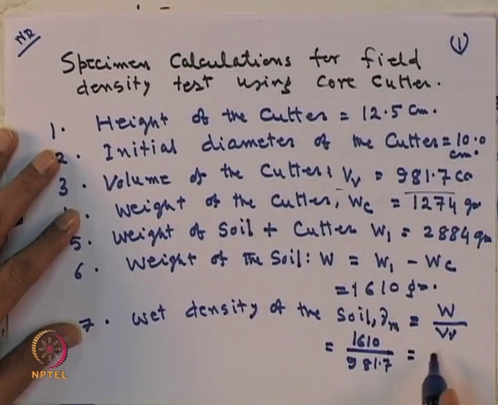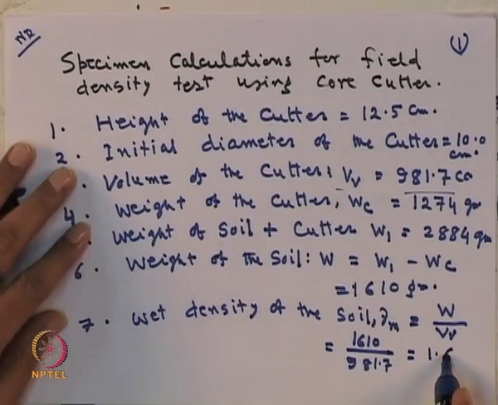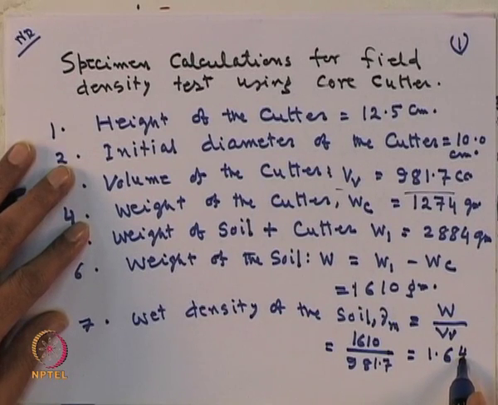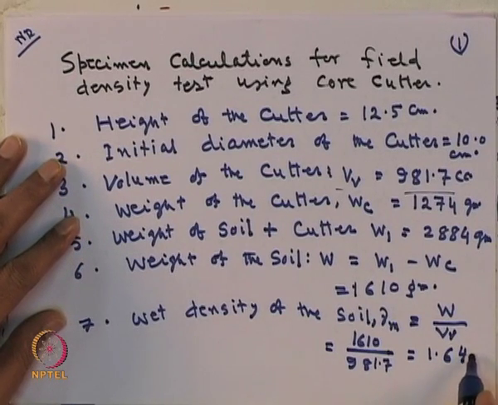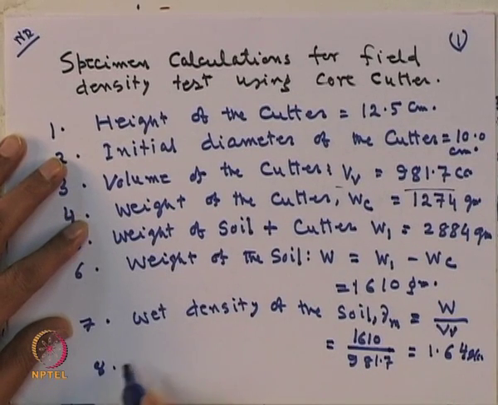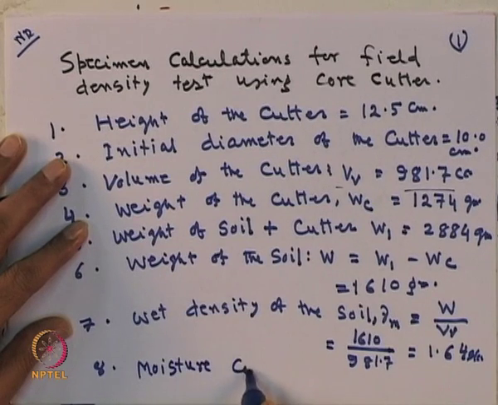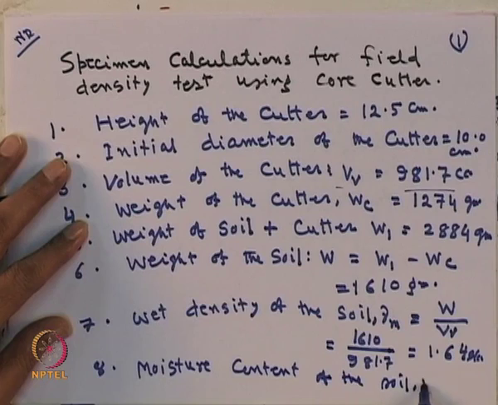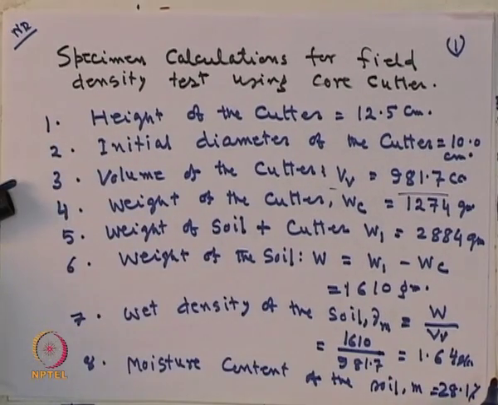So, this will be equal to 1.64 gram per cc. Okay. So, you know the moisture content of the soil, that is M is equal to 28.1%. You know how to determine the moisture content of the soil.